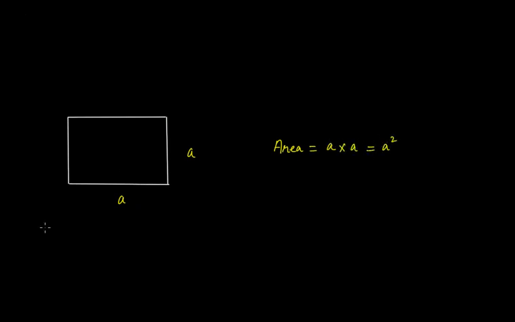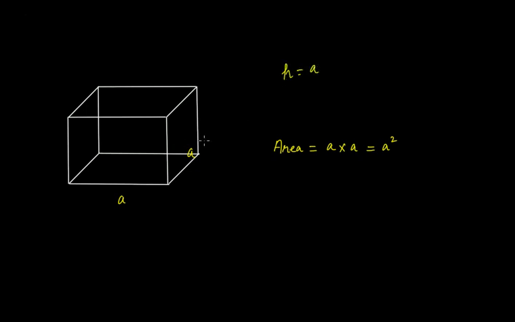Now if we go on stacking this square plate such that it attains a height of h. Now we know that in the case of a cube, h is actually again a, because all the sides in the case of cube are equal. All the edges are equal. Therefore, this will also be a.